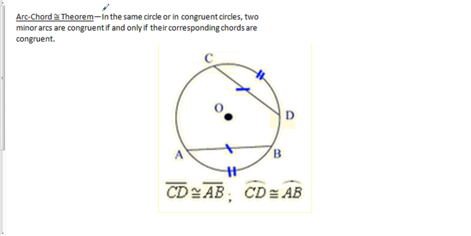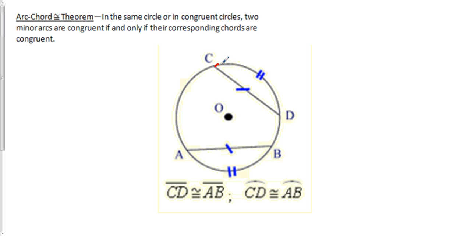Arc-chord congruency theorem. In the same circle or in congruent circles, so remember two circles that would have the same radius length, two minor arcs are congruent if and only if their corresponding chords are congruent.